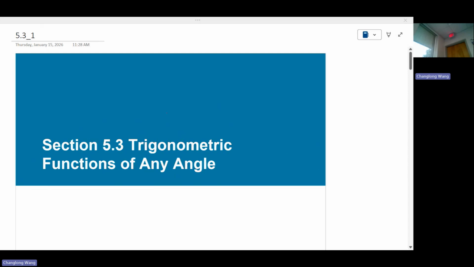Let me redraw it. This is the origin. That's 60 degrees. So that's what P is. I want the distance between point O and P to be 2 units. The angle is 60. Do you guys think you can find out exactly where P is when it comes to its x and y coordinates?